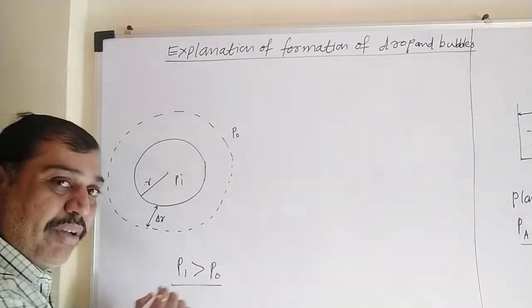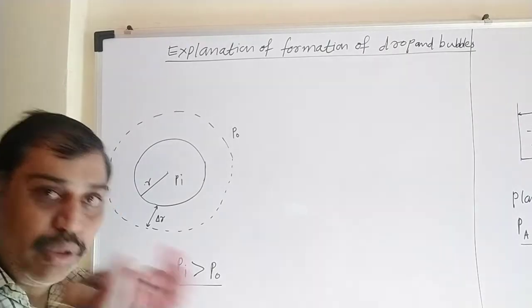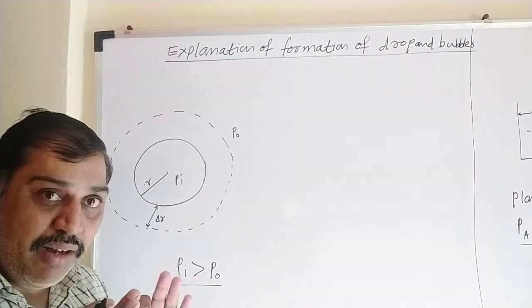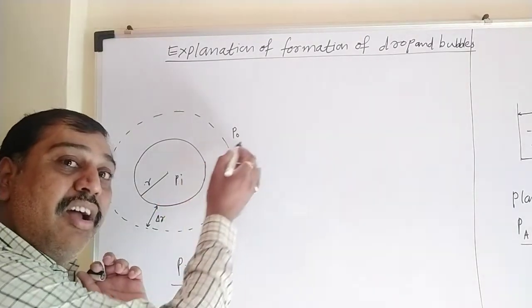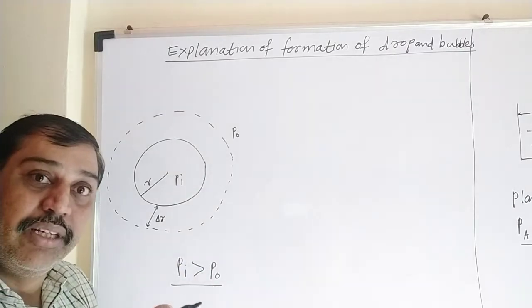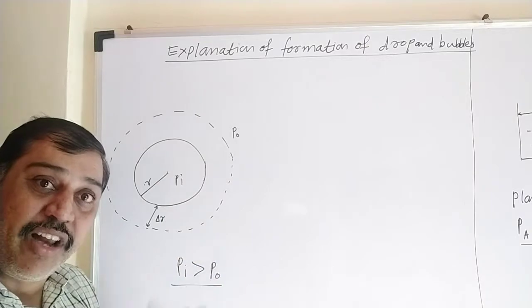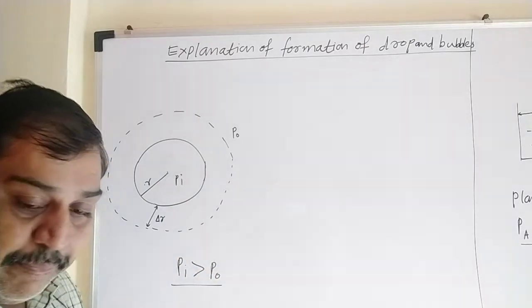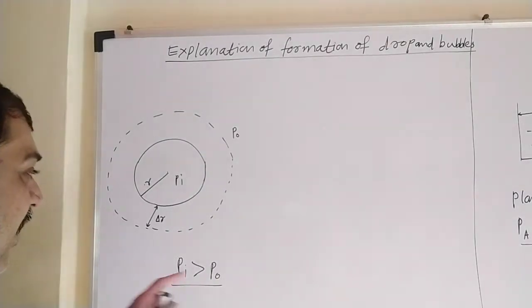Because when we blow a balloon, we have to blow air into it by some force, so the inner side pressure is greater than the outside pressure. That's why when we burst that balloon, we hear a sound, because the inner pressure is higher than the outer and it gets released in the atmosphere. Same thing here. The inner pressure is greater than the outer pressure, so Pi is greater than Po.